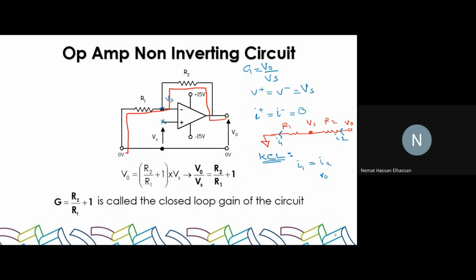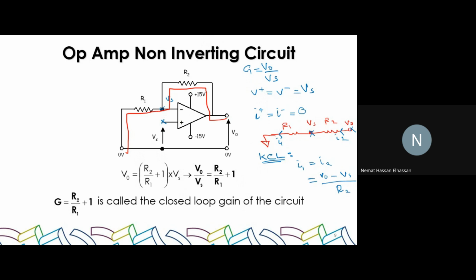We don't get just one terminal. You take the two terminals. The voltage difference between the two terminals of the resistor, right? So V out minus what? VS. This is V out, this is VS. V out minus VS divided by R2. This is I2, equal to I1.